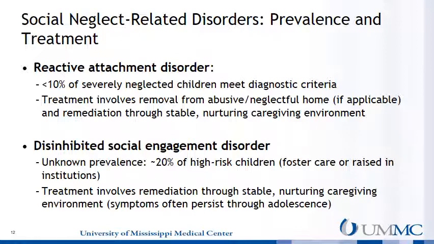However, it's suspected that as many as 20% of these really high-risk children who are in foster care or raised in institutions may meet criteria. Treatment involves remediation through stable and nurturing caregiving environments, similar to reactive attachment disorder. However, with disinhibited social engagement disorder, symptoms often persist even through adolescence following this remediation.